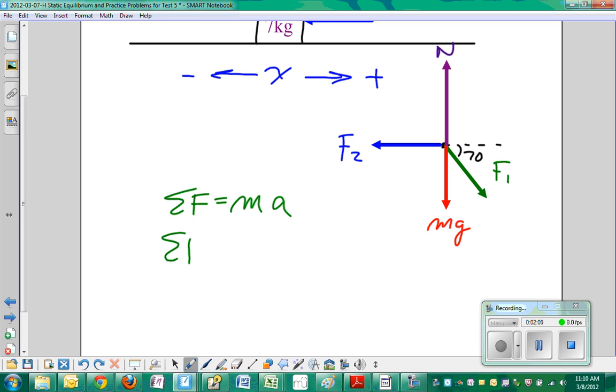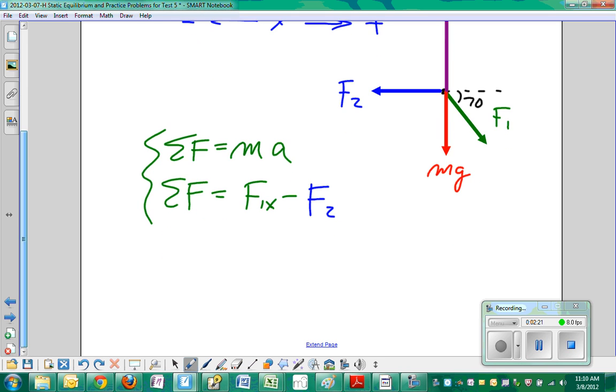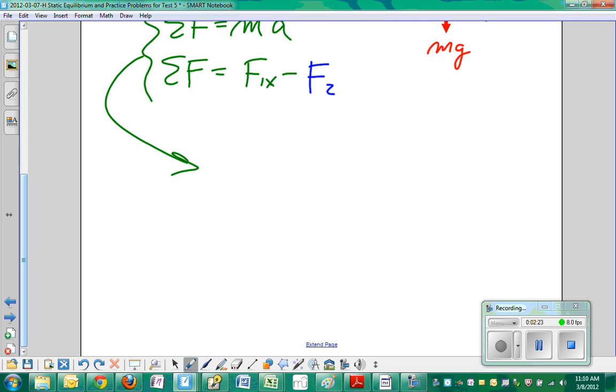We also have net force equal to the x component of F1 minus all of F2. Looking at it like that, and just using our two-equation strategy, we get that ma is equal to F1x minus F2.